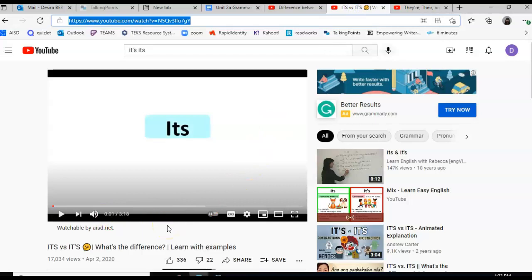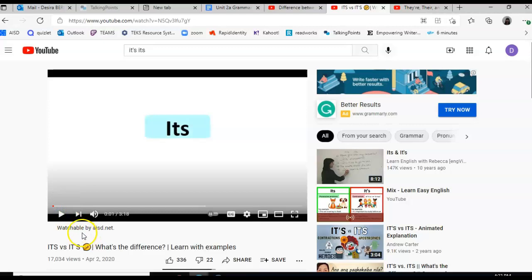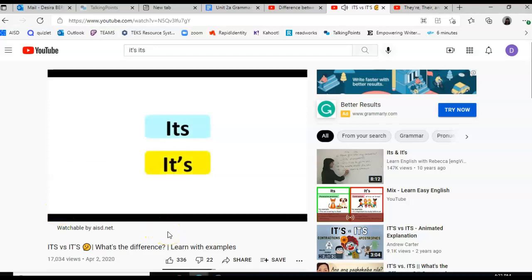Alright, now that you're back, you're still using the same piece of paper. Let's figure out when and how to use its and it's. These 2 words sound the same and they have almost the same spelling.